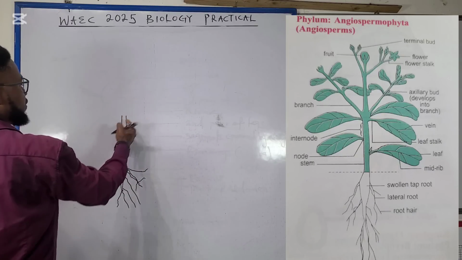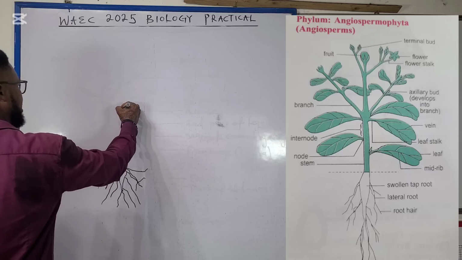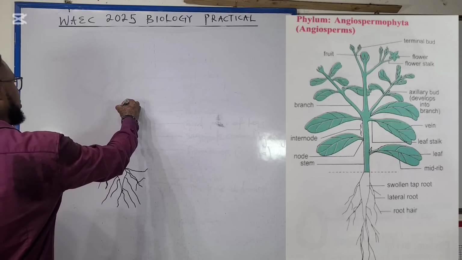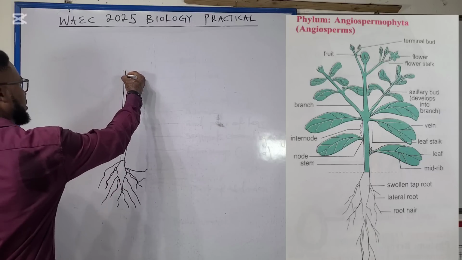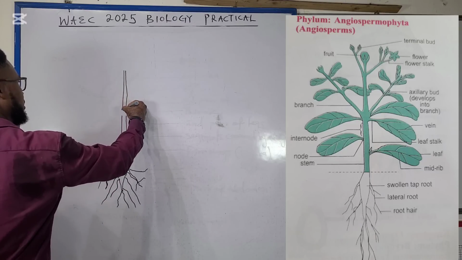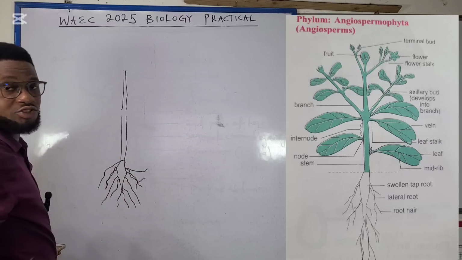I'm going to leave a space here because there are things I'd like to draw here. Then I'm going to make the top part look a bit more slender than this, so it doesn't have to be as straight.